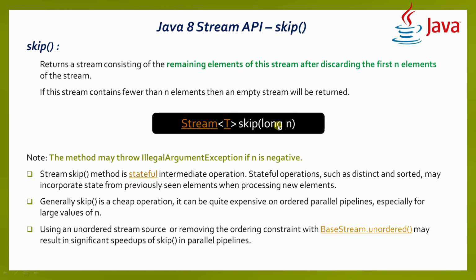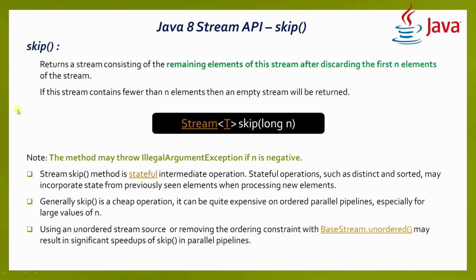Skip takes a long n, and here you have kept 5. So it will skip the first 5 and display the next 5. Suppose you skip 7, it will skip the first 7 objects and display the remaining 3 objects.